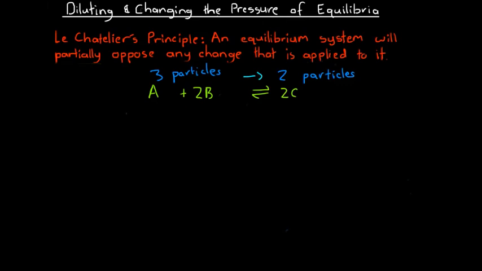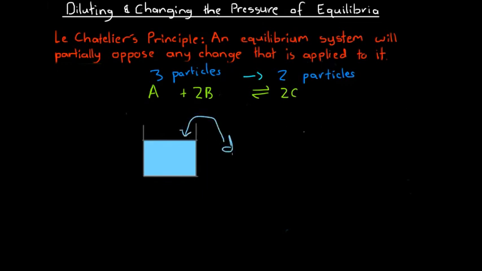So if we have a beaker containing some sort of solution, and I add more water to this solution and dilute it, I am increasing the volume. And if we're thinking about the gaseous example, this translates to a decrease in pressure.